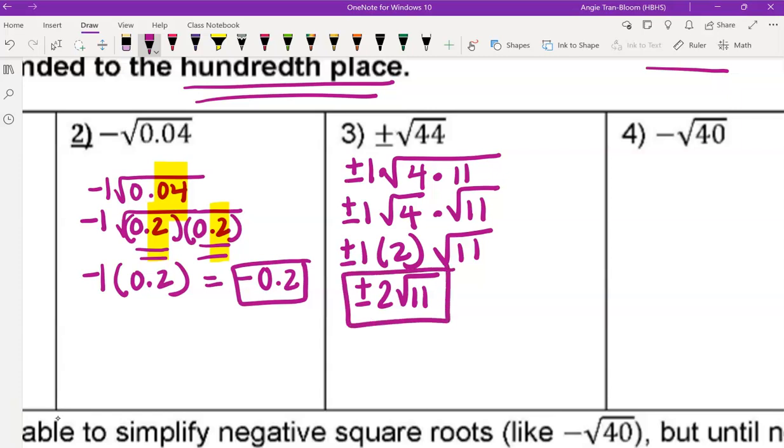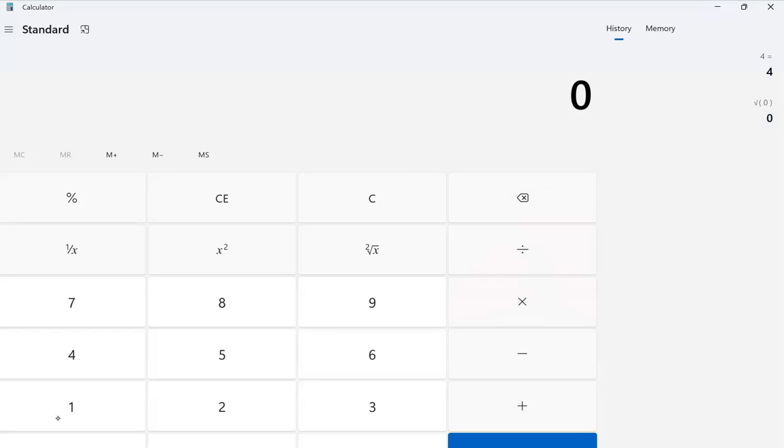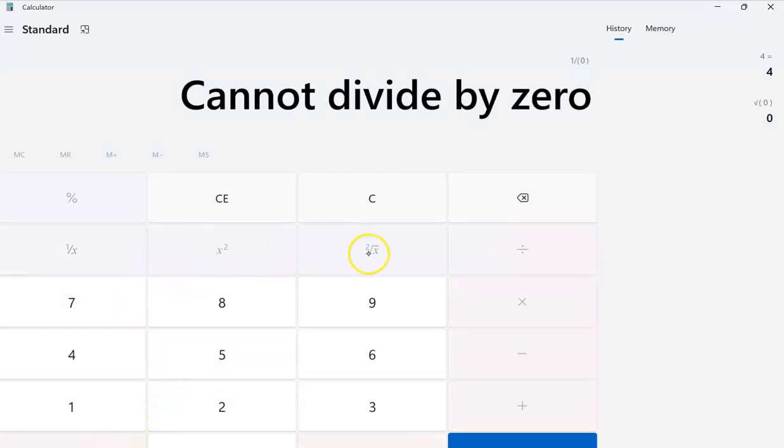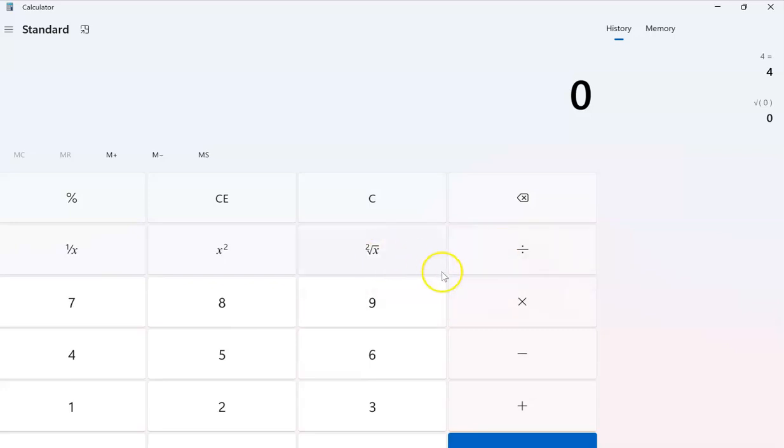And now I'm also going to use a calculator to punch it in. I don't know what kind of calculator you guys have, so make sure you mess around with your own calculator. For my calculator, the square root symbol is this button right here. Let's clear that out. Okay, so if I want to do square root of 44, for my calculator, I have to punch in 44 first and then hit the square root.